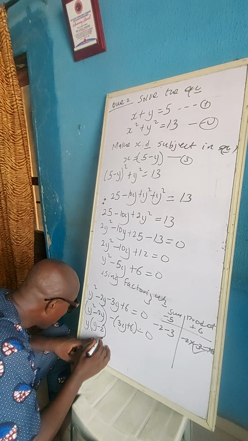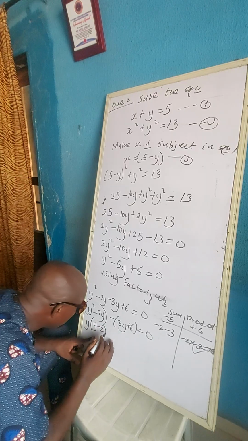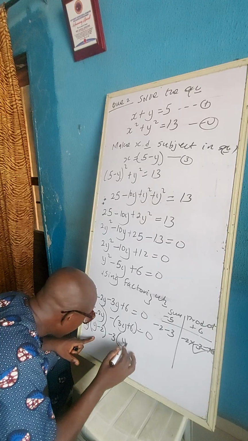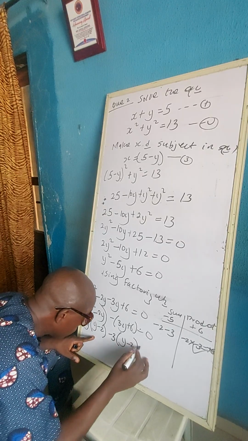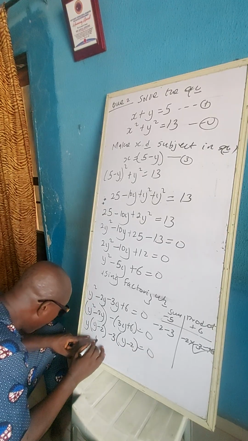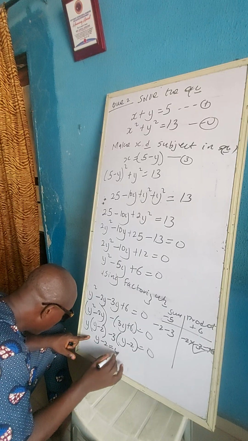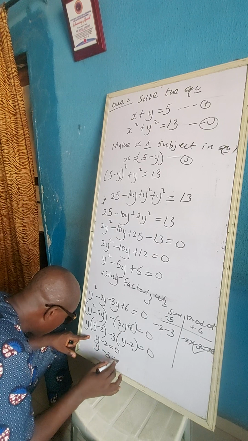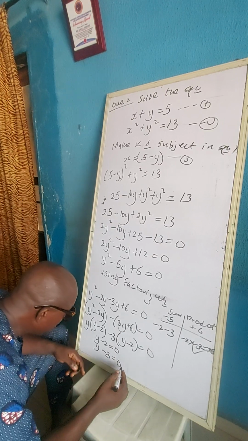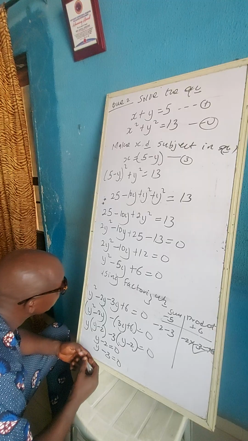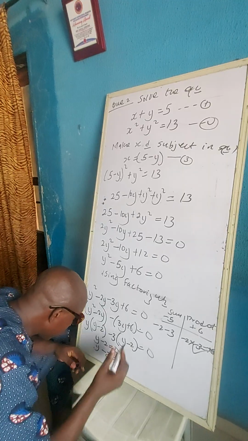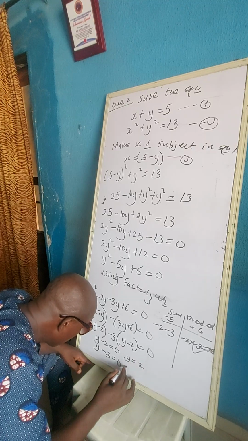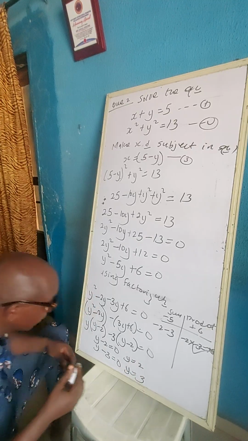y, and this one is minus 3. (y minus 2)(y minus 3) equal to 0. That means y minus 2 equal to 0 or y minus 3 equal to 0. That means y equal to 2 or y equal to 3.